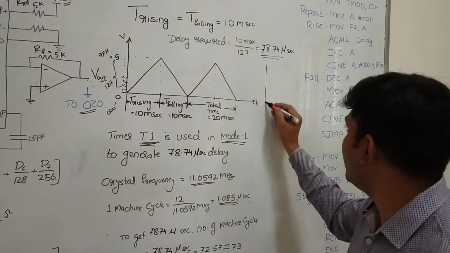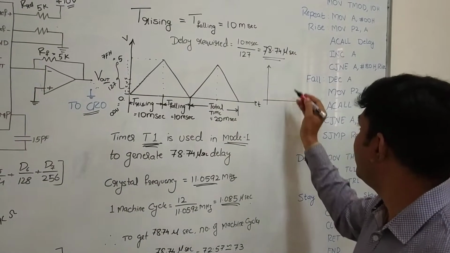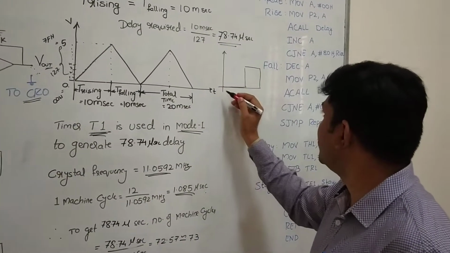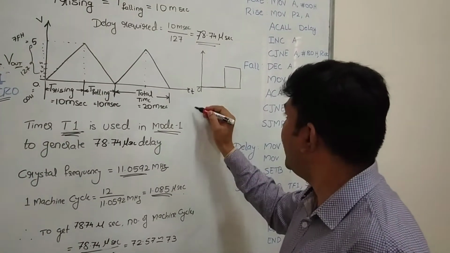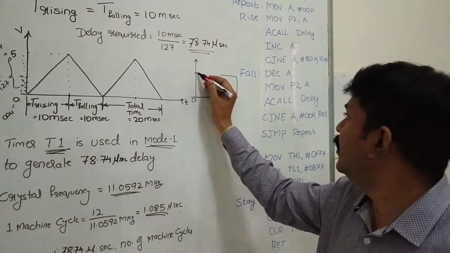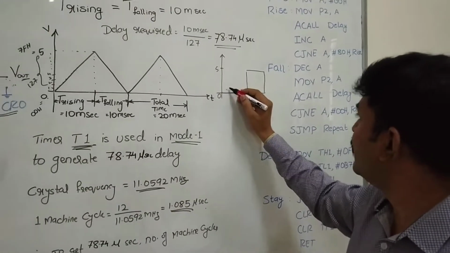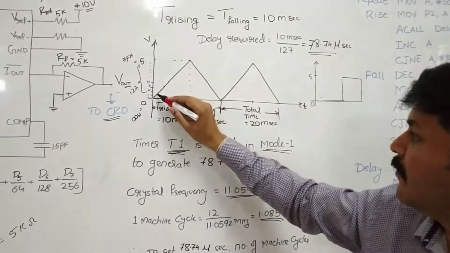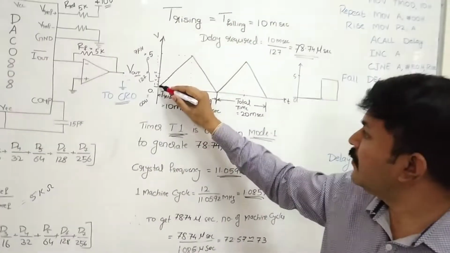Unlike in square wave, where I had only 2 voltage values, only 0 volts and only 5 volts, with no intermediate voltage values, here in the triangular wave I have intermediate values also.